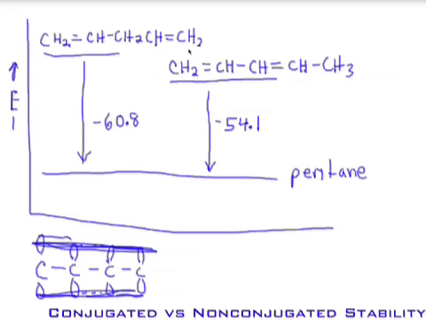So 1,4-pentadiene gives more energy. They both form pentane, so there's no energy difference in the product. So the difference in magnitude must be due to the position on the energy scale of the non-conjugated versus the conjugated. The conjugated is more stabilized. We explain that stabilization by delocalization of electrons through the pi system. So hydrogenation of alkenes can be used to explain different stabilities, which can be extremely useful.